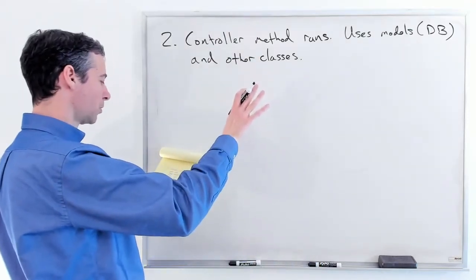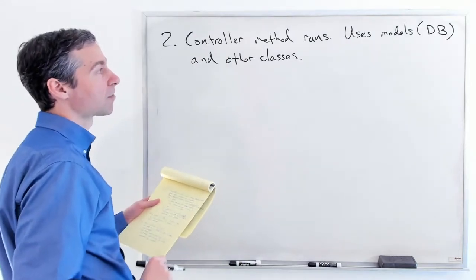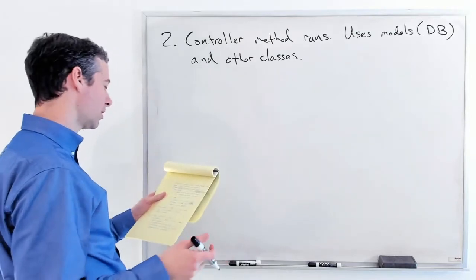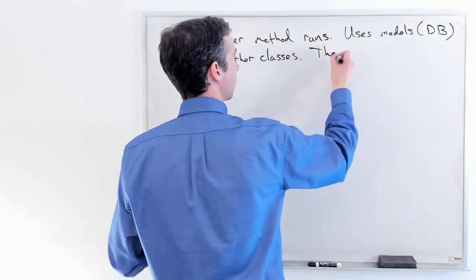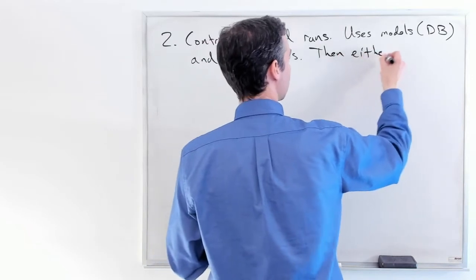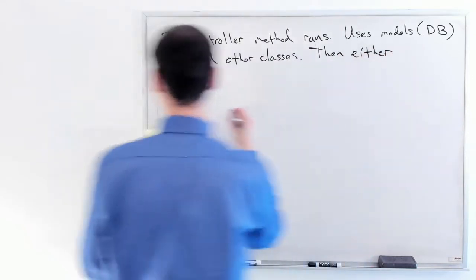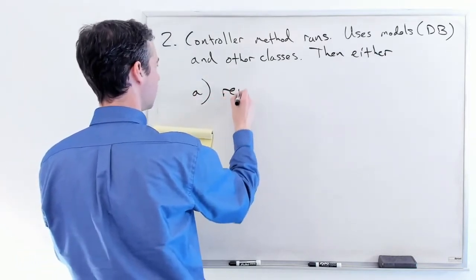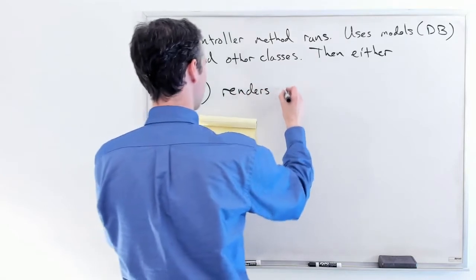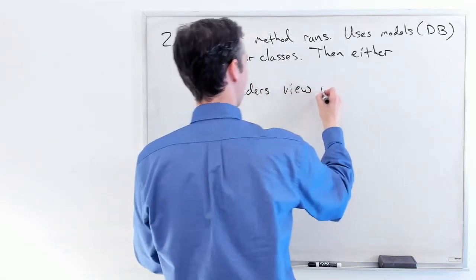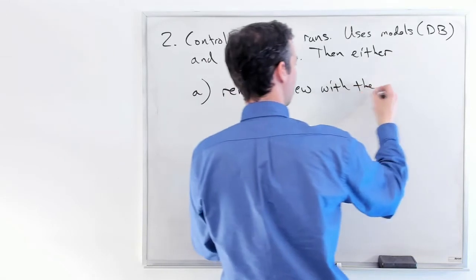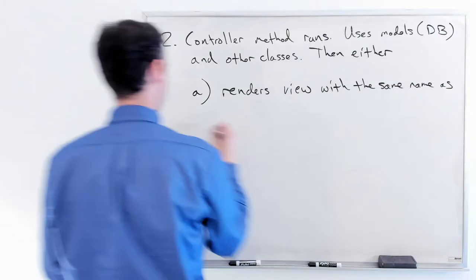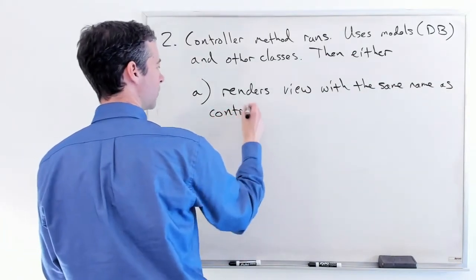So we're going to call our models and stuff, prepare our data, do whatever we need to do. And then the controller does one of two things, basically. It's either going to render a view with the same name as the controller method.